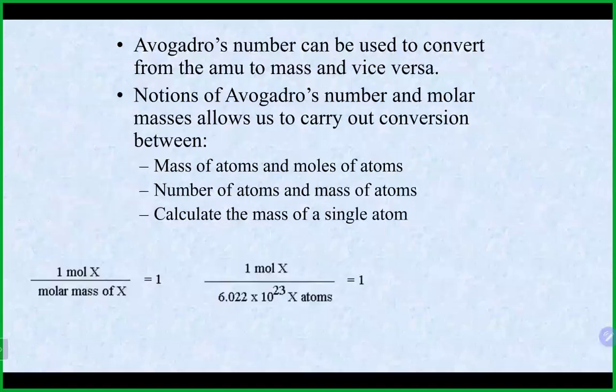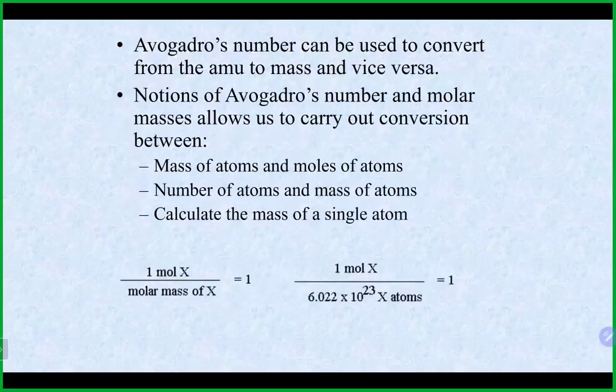Now, Avogadro's number, again, allows us to do those conversions. We can take the number of atoms to our mass of each atom. We could actually calculate the mass of a single atom by using Avogadro's number.